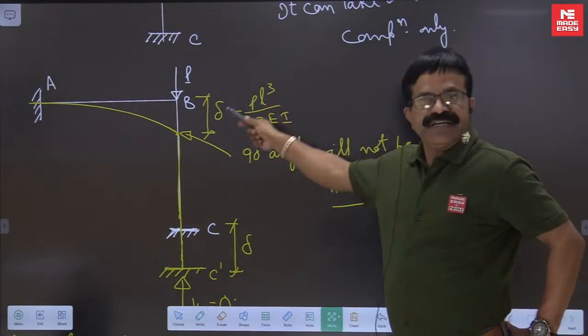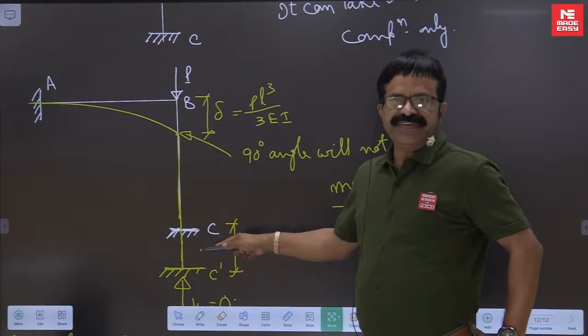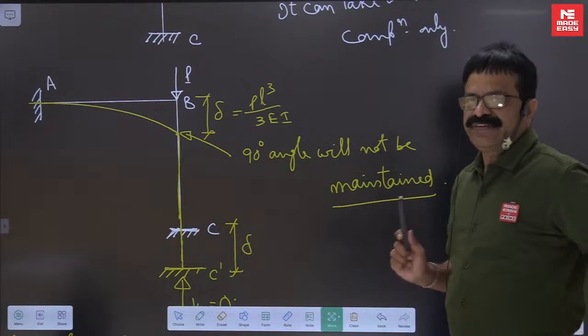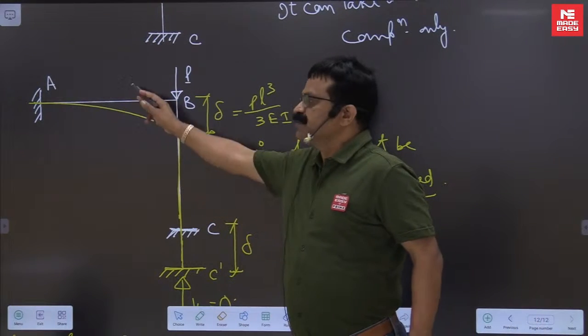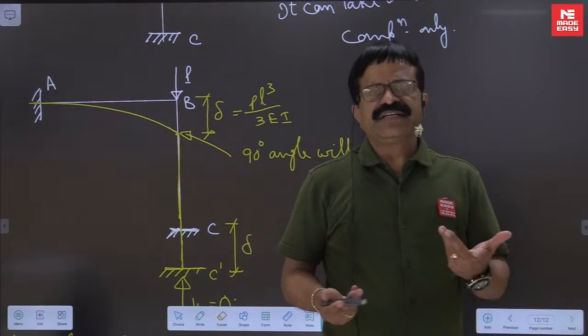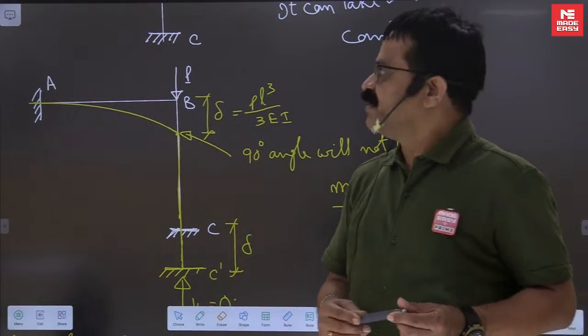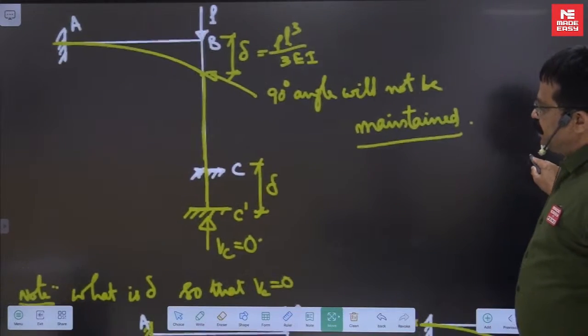If it is a heavy beam, heavy column, if they mention, then it is infinite stiffness, then PL cube by 12EI. If both members are of same capacity, then you have studied that point, PL cube by 7.5 EI, that we don't have to again repeat. The other cases only we are discussing, right?